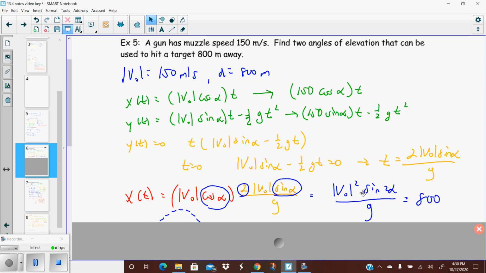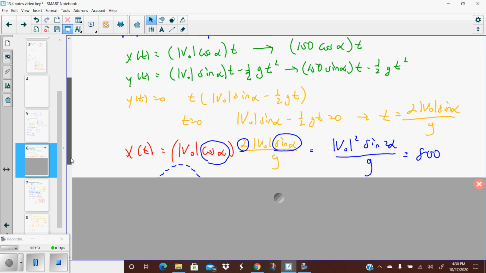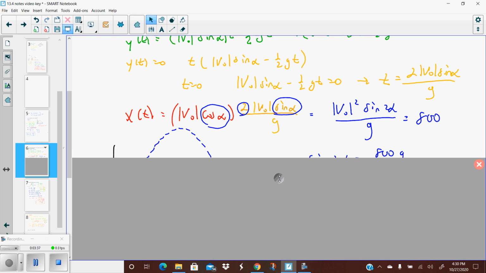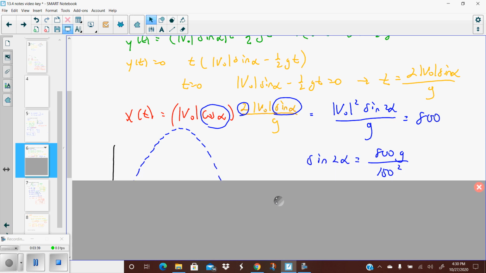So that gives me the squared, and then all of that is over g. And we want that to equal 800 because we're trying to find the angle that's going to create that 800 distance. So in order to solve, we're going to multiply both sides by g and then divide by the magnitude squared, which is what we have here.